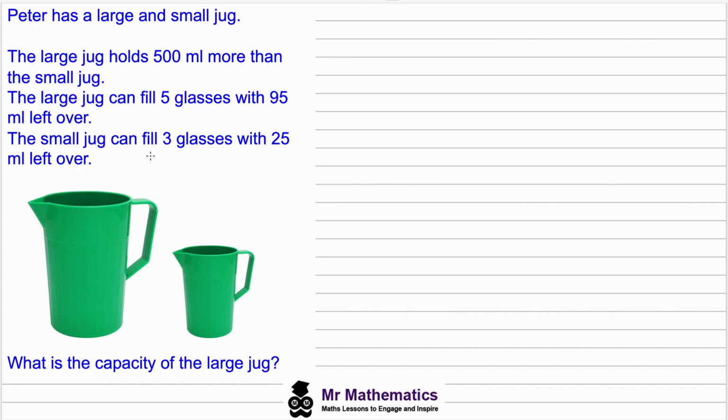Okay, so this looks like there's a lot going on. The simplest thing we can do is to make the small jug have a capacity of X milliliters. And now we're told here that the large jug holds 500 milliliters more. So now we know the large jug will be equal to a small jug plus 500.